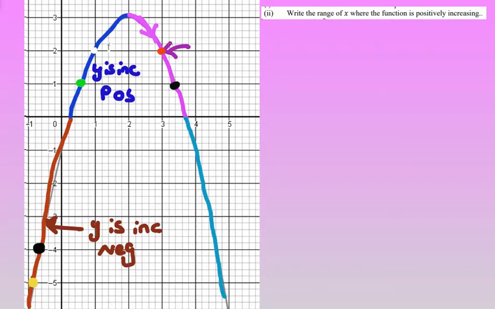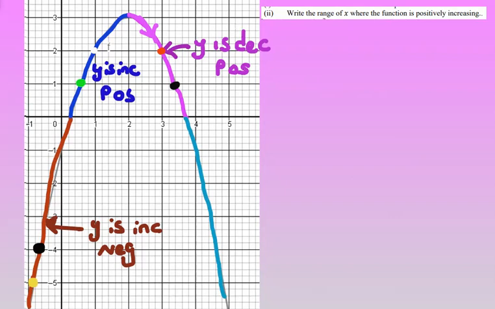What's the orange point's y value? That's 2. And what's the black point's y value? It's 1. So what does that mean? The function is decreasing. It's going down. How? 2 to 1, so it's positive. So y is decreasing positively, or the function is decreasing positively.